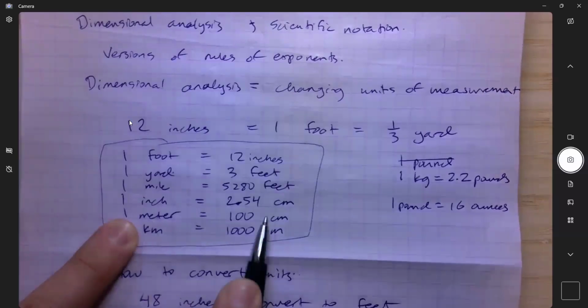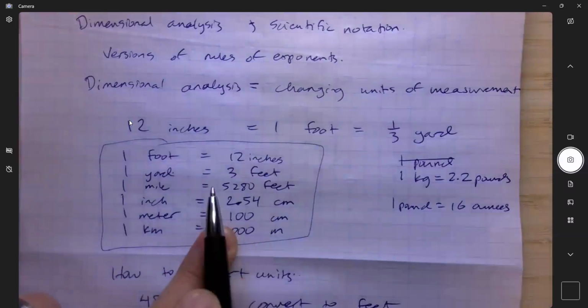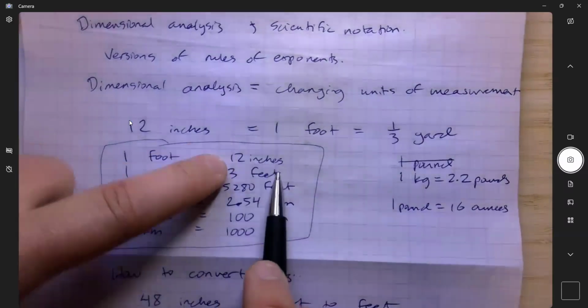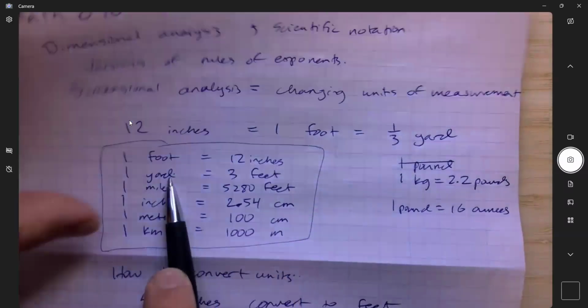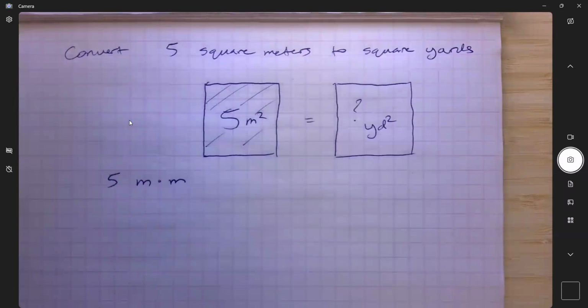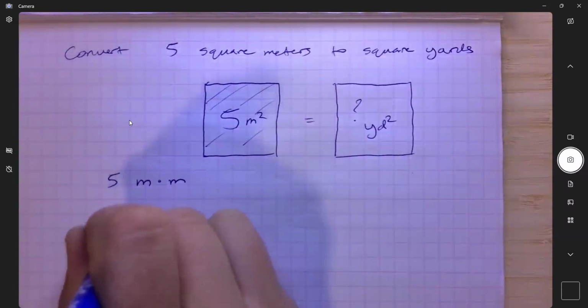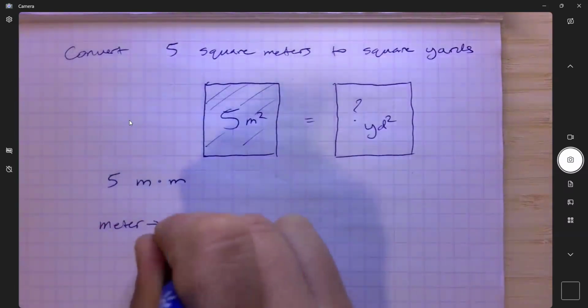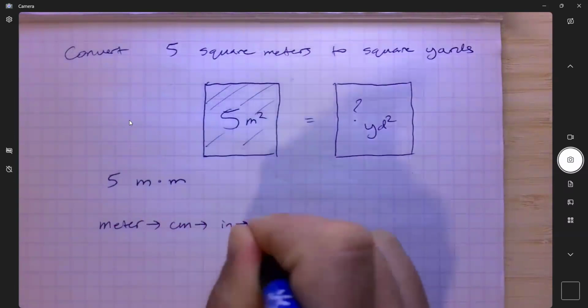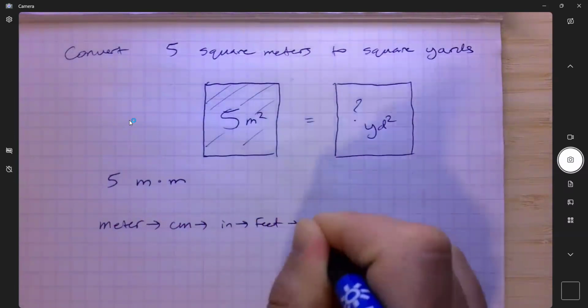I go from meters to centimeters and centimeters to inches and inches to feet and feet to yards. So I'm going to have a lot of different multiplications to do, but you just need to chase through. So to remind myself, I'm going to go from meters to centimeters to inches to feet to yards.